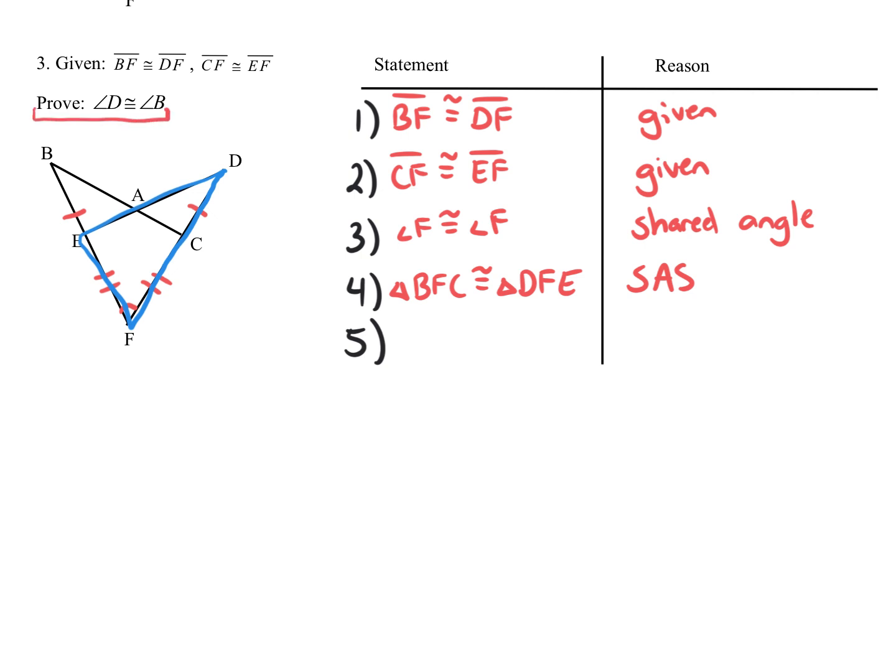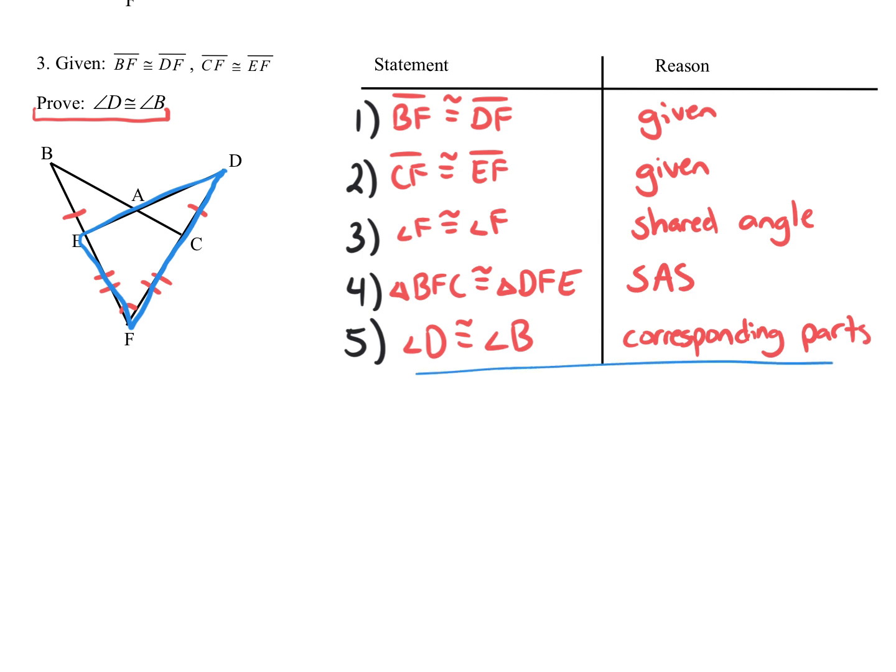Right, we want to prove this time angle D is congruent to angle B. What is our reasoning? Yep, because remember, whenever we satisfy this, what do we know about the rest of the triangle? Everything else is congruent. So we can assume that angle D and angle B are congruent to each other because they are corresponding parts. Does anybody have any questions over understanding the corresponding parts?